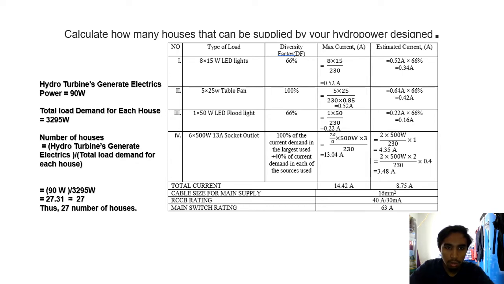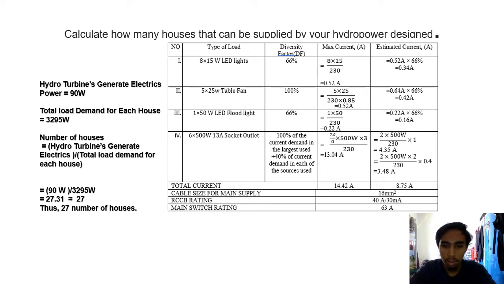Calculate how many houses can be supplied by our hydropower design. The power generated by the hydro turbine is 90 kilowatts, and the total load demand for each house that we get from the Orang Asli village is 3295 watts.